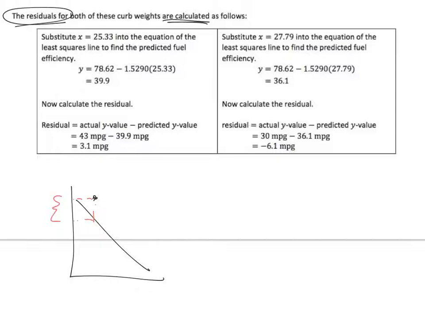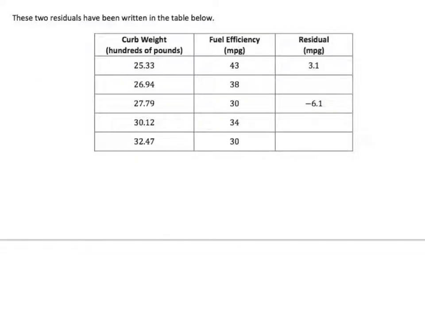And then the one that's way down, come over here and read where it hits the predicted, and that right there is your residual. But here we actually calculated it and got a positive 3 and a negative 6, so we did a pretty good job. Now go ahead and write in the rest of the table.